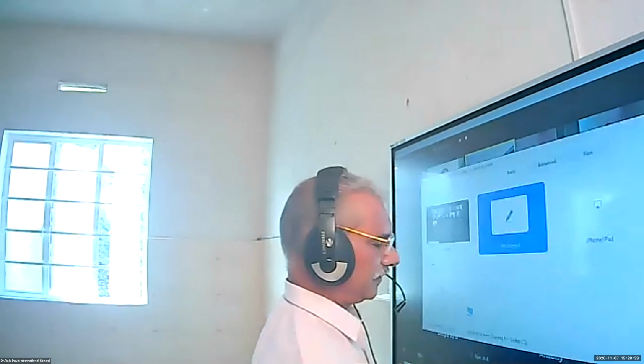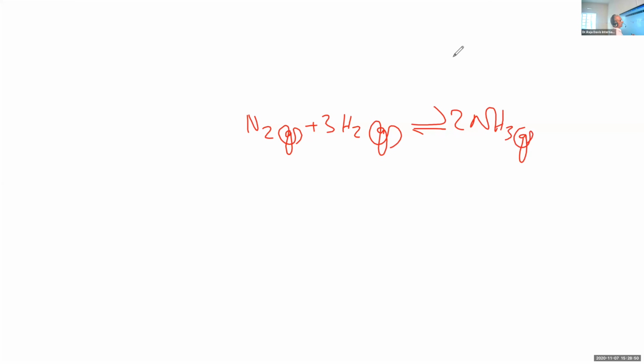Okay, let us take one more example for this. You take a reaction between N2(g) plus 3H2(g) reversibly giving 2NH3(g). You are going to manufacture ammonia.